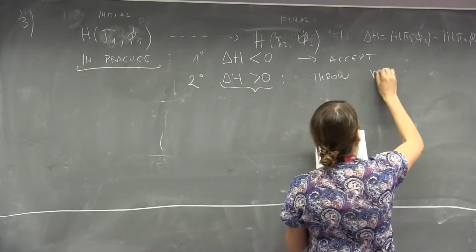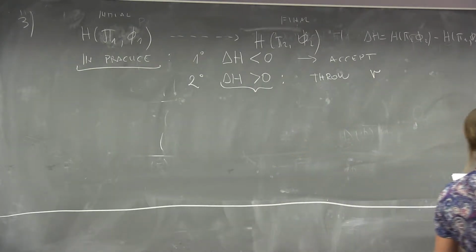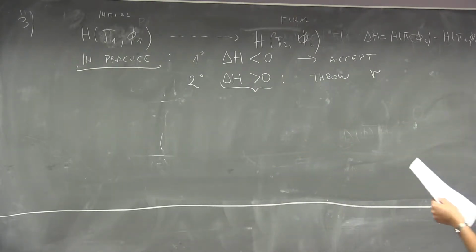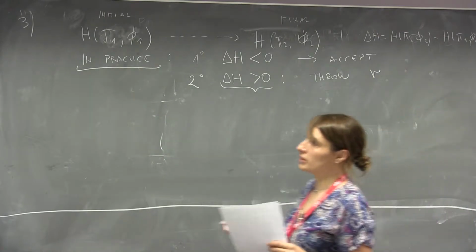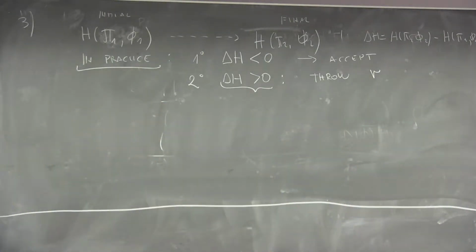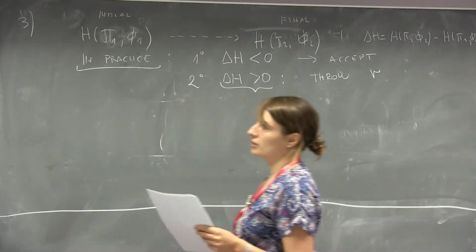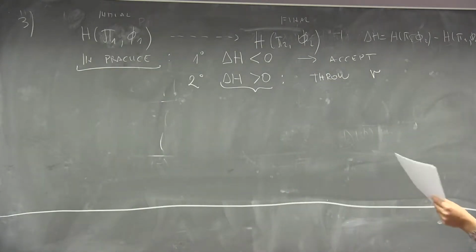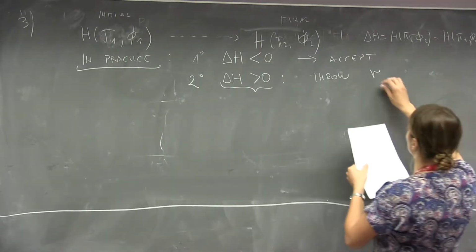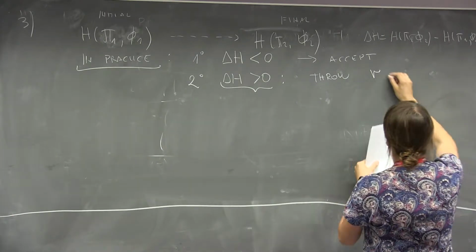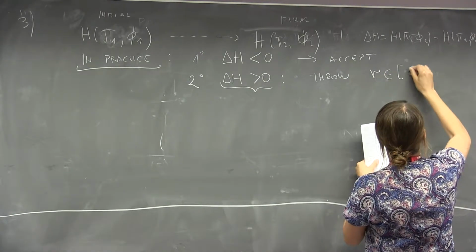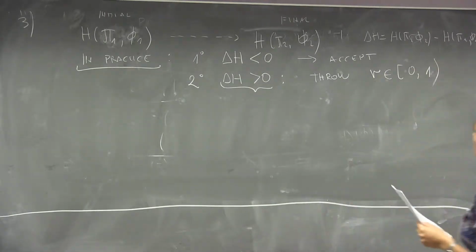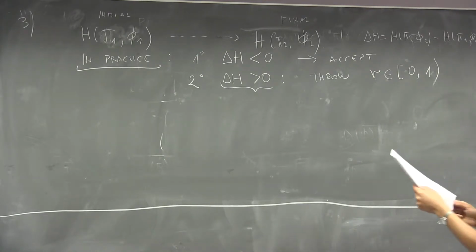another random variable r. So we're using random numbers in the first step in order to generate the momenta with a Gaussian distribution. And here we just throw one random number in the range again from 0 to 1.